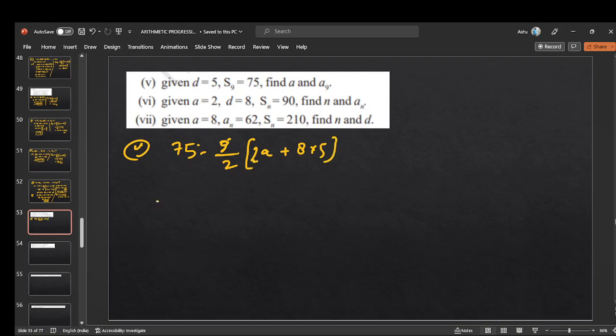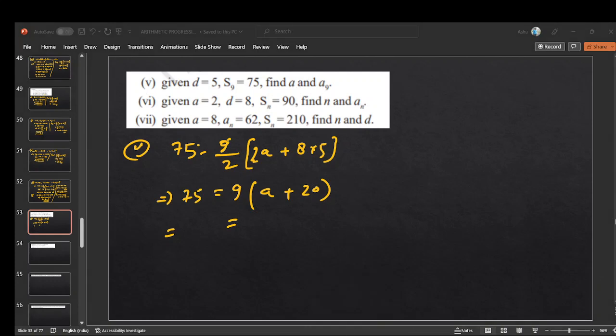Clear? Then we get 9 by 2 into 2A plus 8 into 5, that is 40. We can divide it, so we can write here A plus 20 equals 75 by 9.